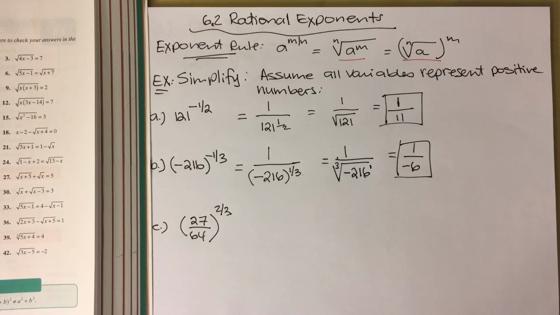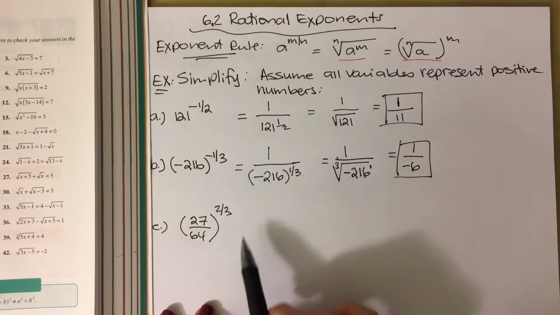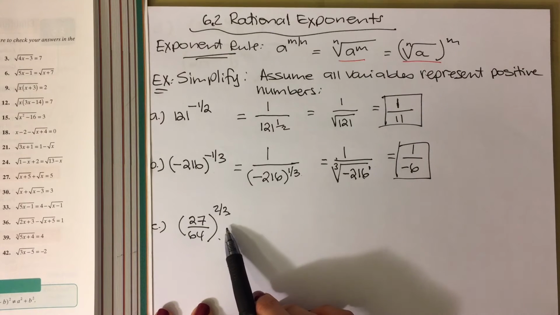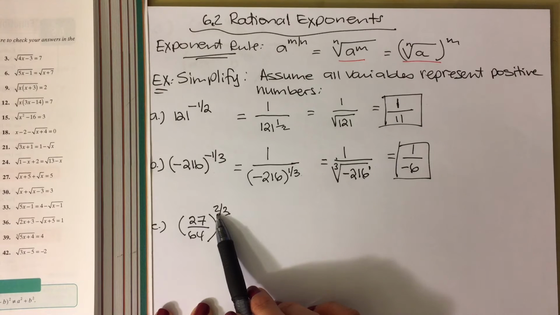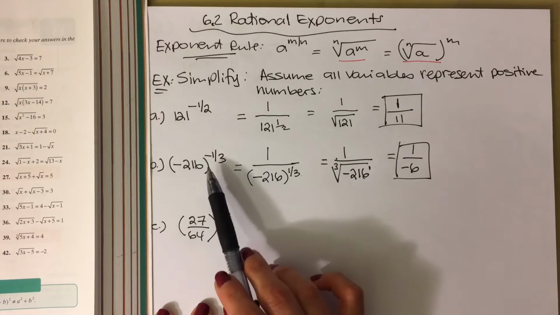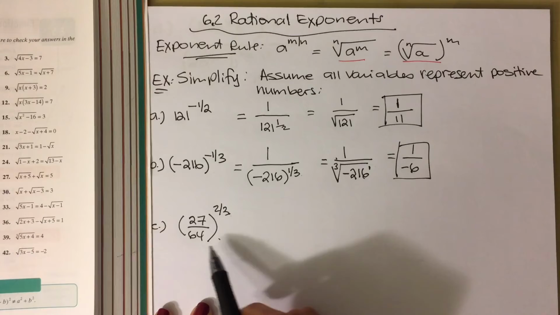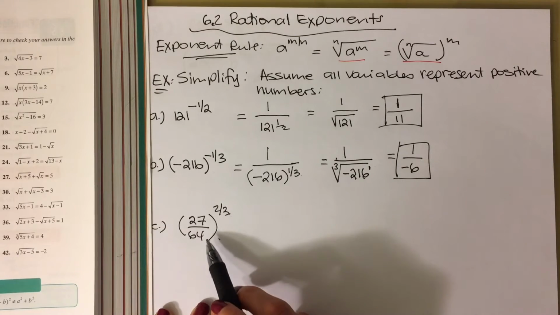And we have example C. We're going to apply the exponent rule here as well. One thing to notice is that our fractional exponent has 2 in the numerator. So just slightly different compared to the first two examples, which just had a 1. And also our base is a fraction.